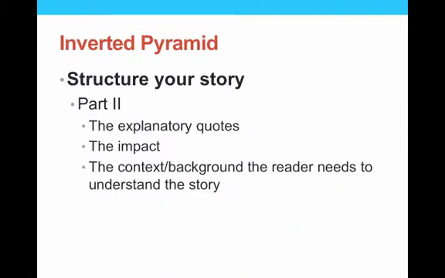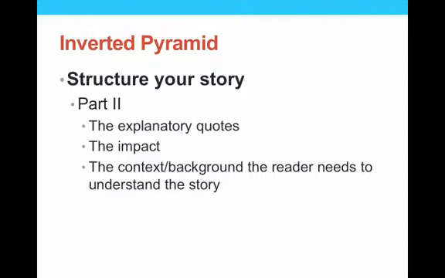Typically in inverted pyramid, part two is going to have more explanatory quotes, so more details about how this particular story is unfolding, the impact that the information you're reporting might be having on society or a neighborhood or an individual.